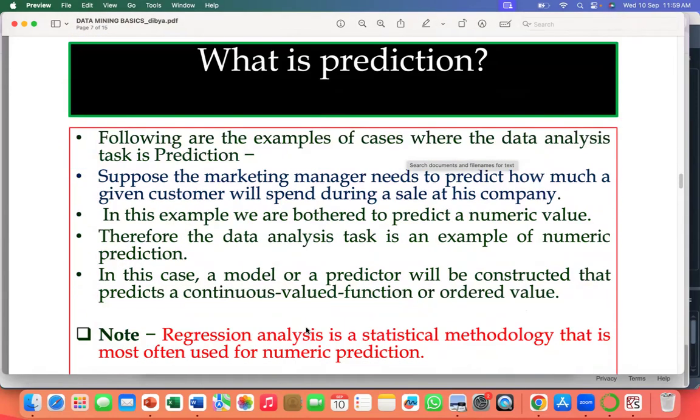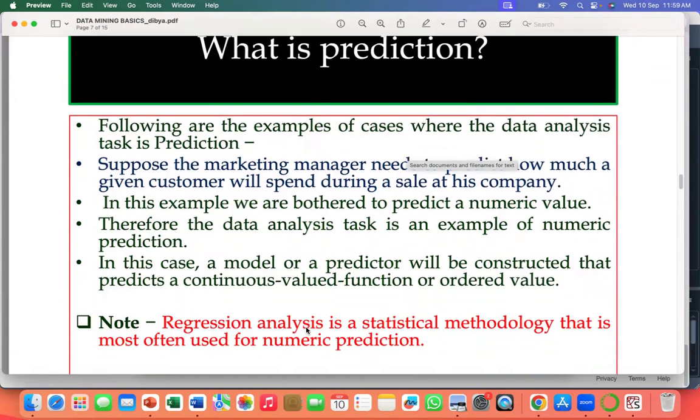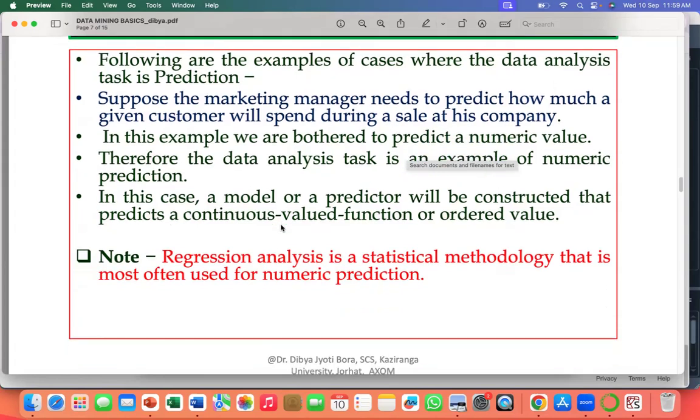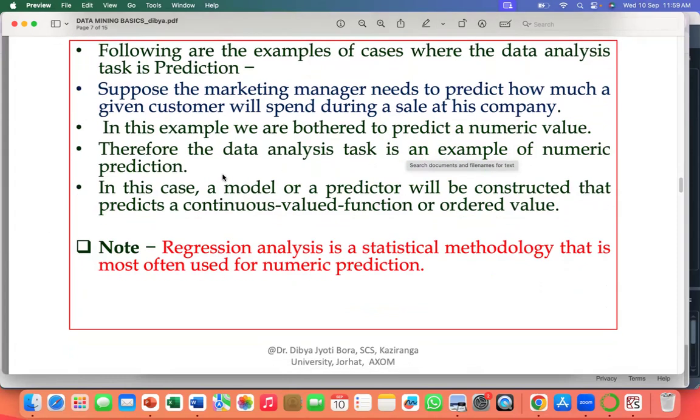Then what is prediction? Again, with the help of an example, we try to understand this term prediction. Suppose the manager needs to predict how much a given customer will spend during a sale at his company. Here, we are bothered to predict a numeric value. Numeric, right? A continuous value.